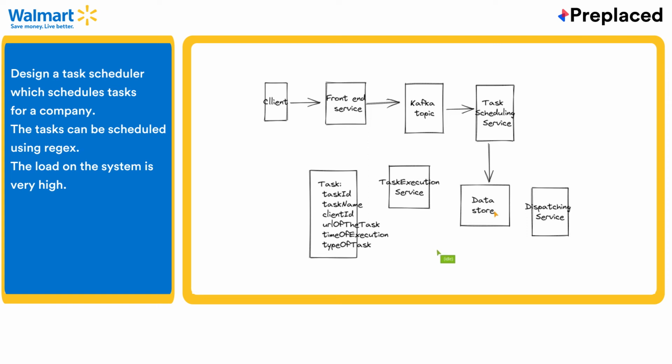So at 1209, this task execution service comes up. What will be there in the queue?